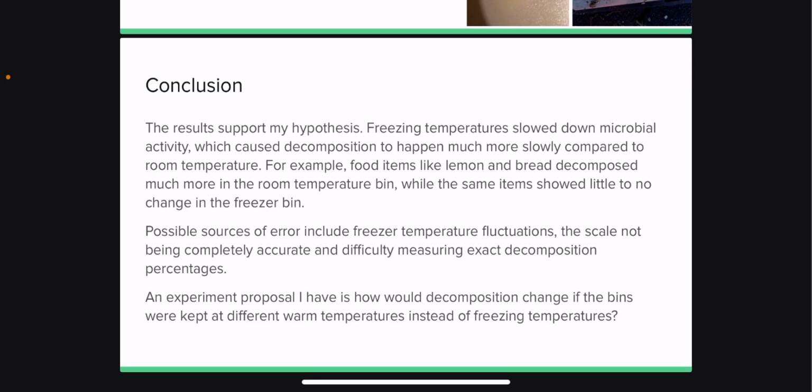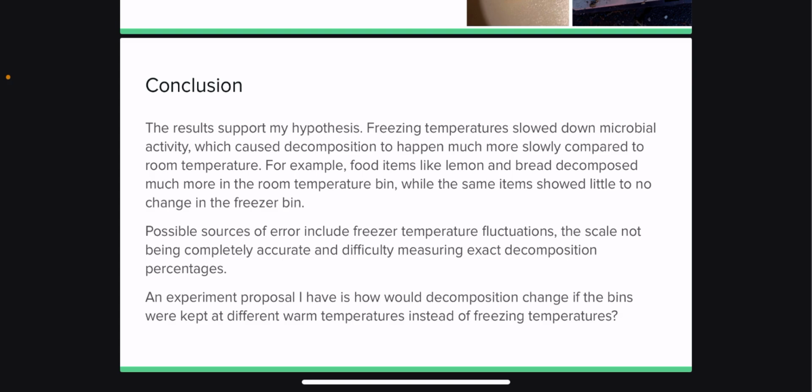Possible sources of error in my experiment would be temperature fluctuations in my freezer. It is being used, so it's opened and closed often, and I don't think it's always consistently at the same exact temperature. That's why I just labeled it as freezing temperatures, because I didn't want to say it was a specific temperature.